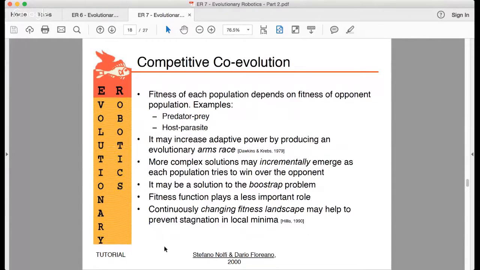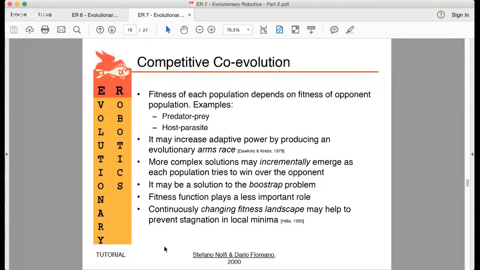Next, we have competitive coevolution. Fitness of each population depends on fitness of opponent population. I wanted to ask you about some examples, but you guys can read it here. Predator prey and host parasite. It may increase adaptive power by producing an evolutionary arms race.